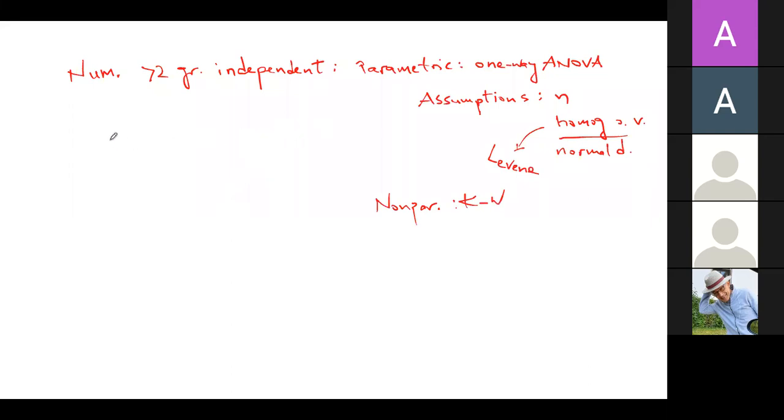So, what was the example? The classic scenario for doing an ANOVA: numerical data with more than two independent groups. We need numerical data. We want to compare what?